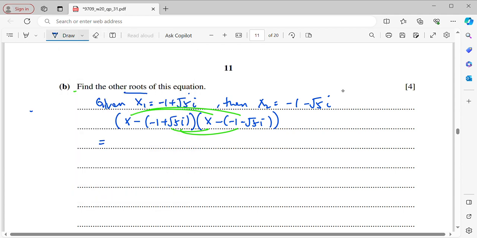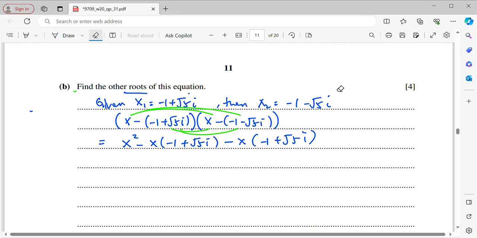So then I will be getting x squared minus x times (minus 1 plus square root 5i), alright, and then minus x brackets minus 1 plus square root 5i.